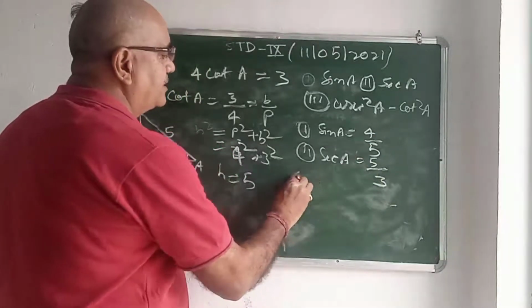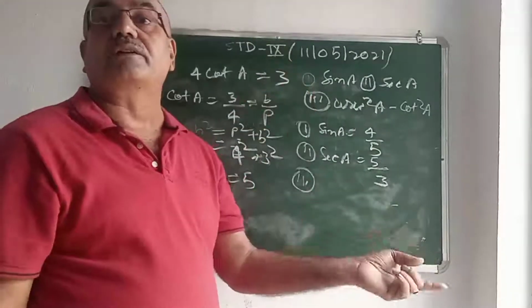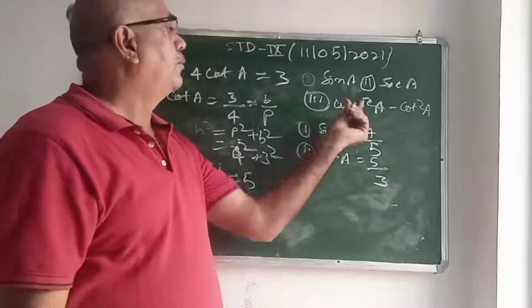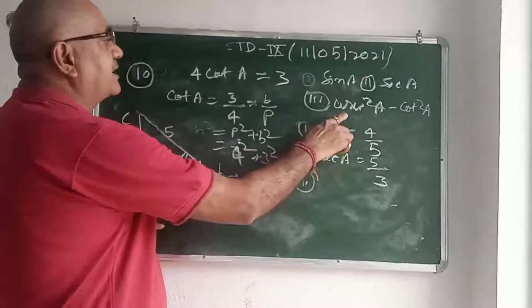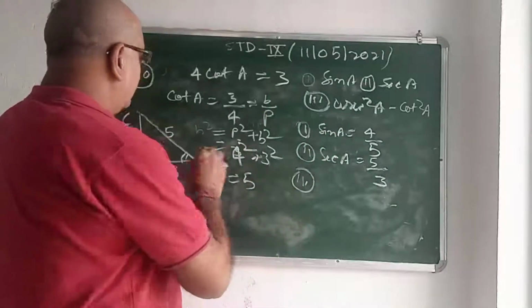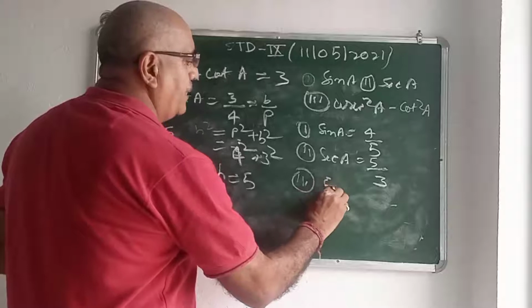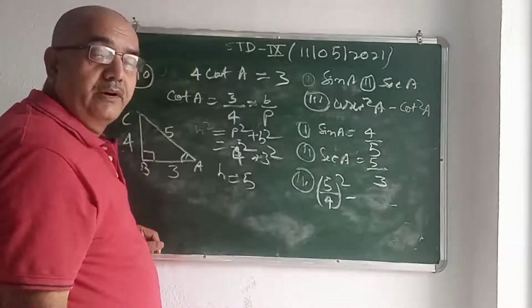And third, this is the formula: cosec square theta minus cot square theta. If the angle is the same, its value will be 1. Put the value of cosec and cot, it will come equal to 1. Cosec is the reverse of sine, so sine 4 by 5 means this is (5 by 4) square minus cot, reverse of tan.